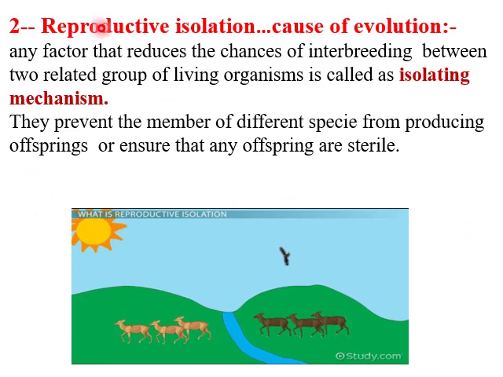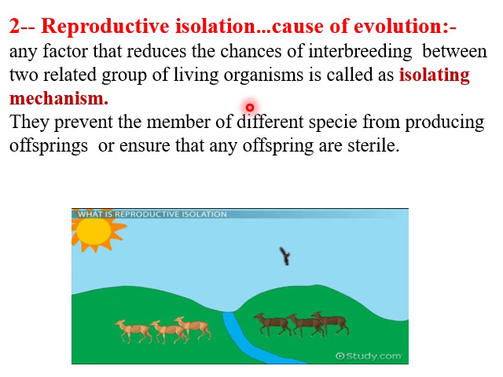Now we are going towards our second point: reproductive isolation may be a cause of evolution. Reproductive isolation is a factor that reduces the chances of interbreeding between two related groups of living organisms and is called an isolating mechanism or reproductive isolating mechanism.